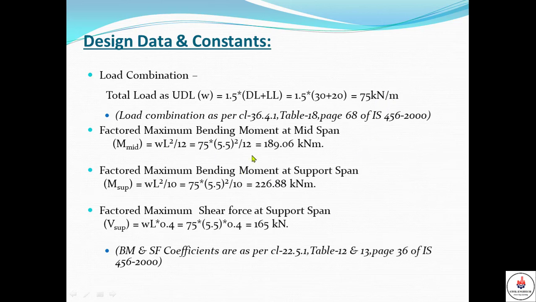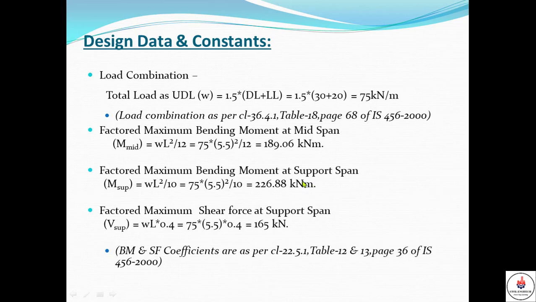Now we calculate the factored maximum bending moment at support, which is denoted as M support equals WL square by 10 equals 75 into 5.5 square divided by 10, as L is 5.5 meter, equals 226.88 kilonewton meter.